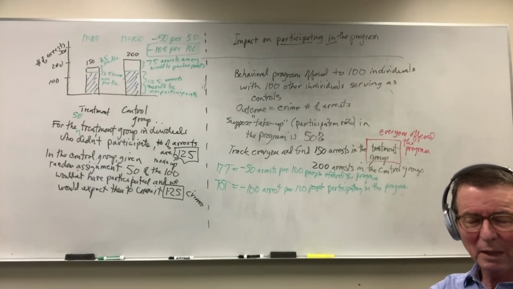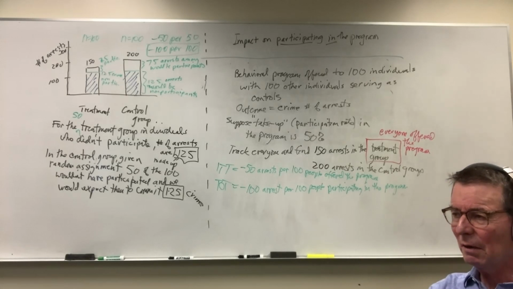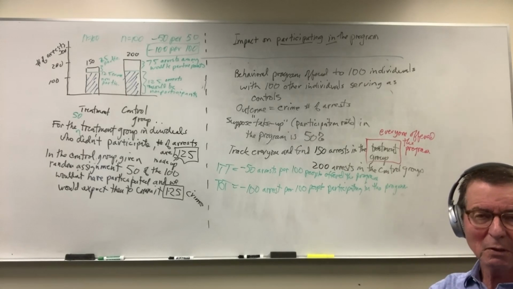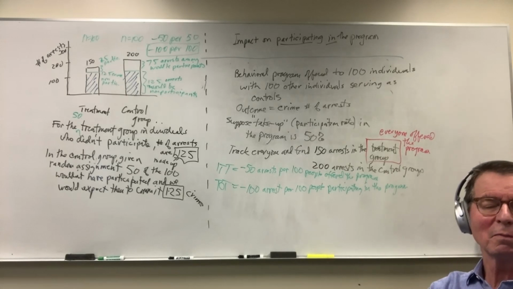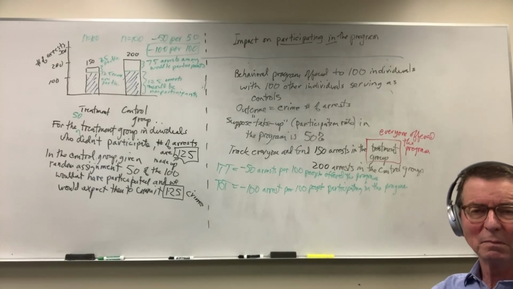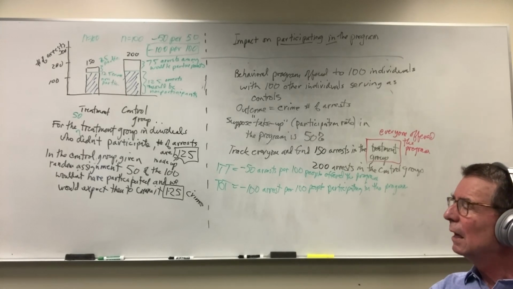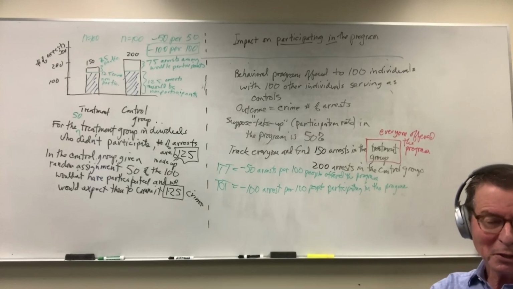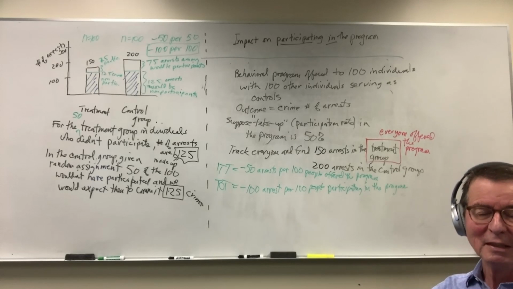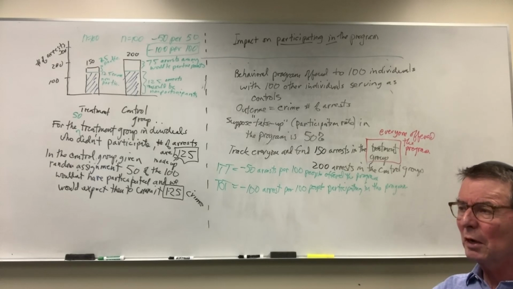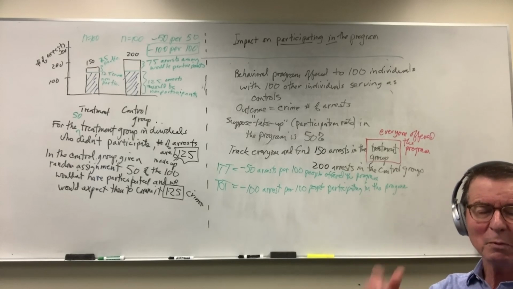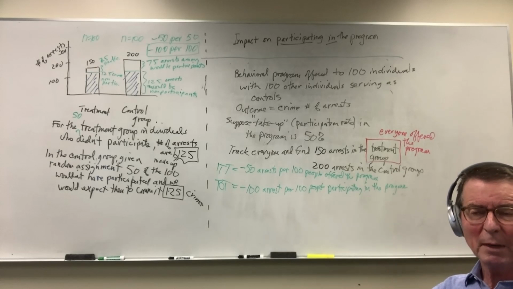So you really want to know, if you roll this out, make the offer, some people participate and some people don't, what's going to be the net effect of rolling out the offer on the population? That's the ITT. And then if somehow you could increase the participation rate from its 50% level to 100%, what would be the impact of the program then? That would be the TOT: of the people who took up the program, what was the impact? So both are important for answering different kinds of policy questions.